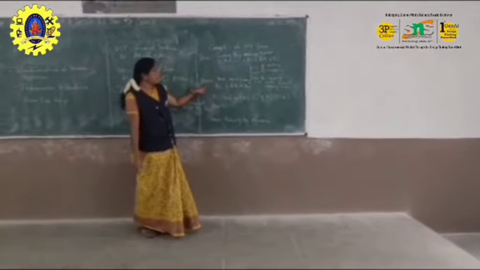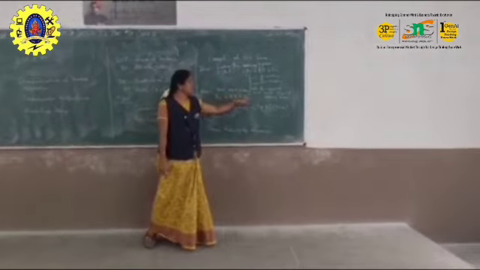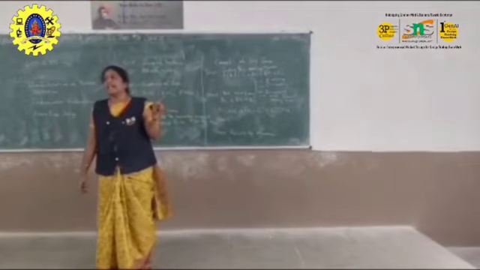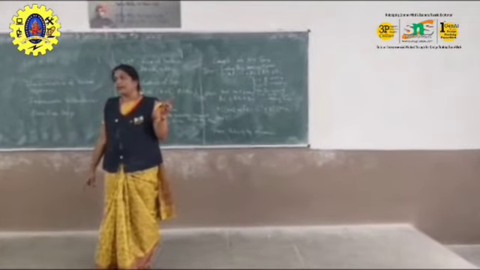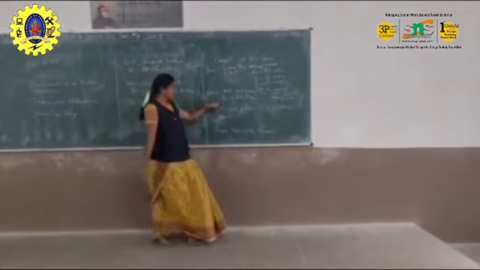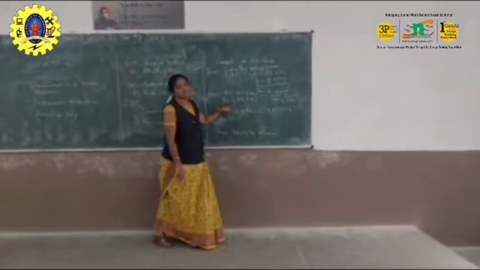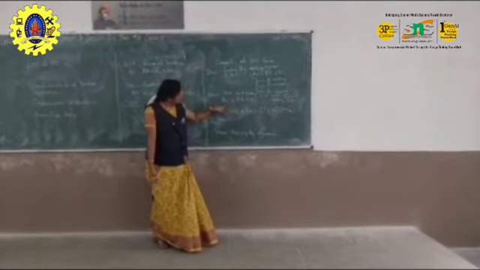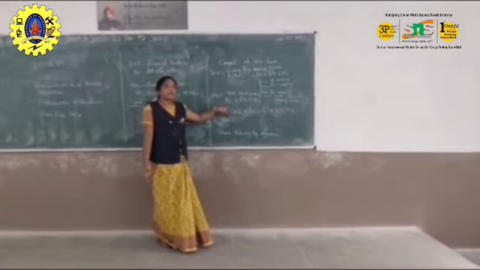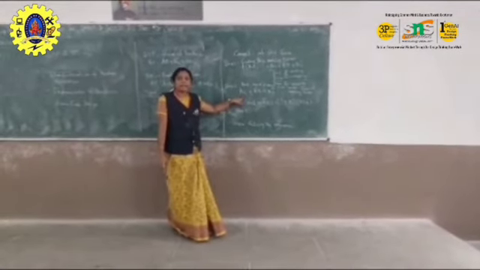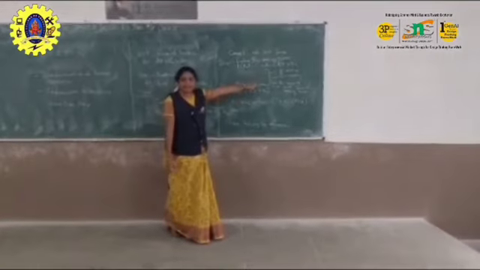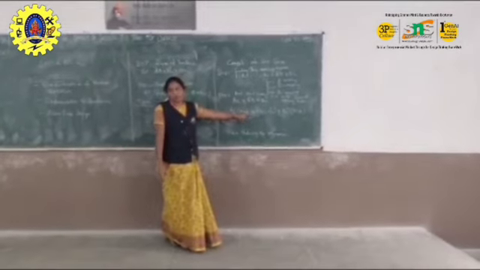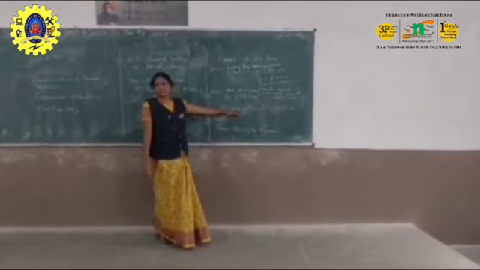The next step is to multiply each product term with the sum of the missing variable. Here we use the identity A plus A bar equals 1. If we multiply anything with 1, the same value remains. In the first term B is missing, so we use B plus B bar, and the value will not change.